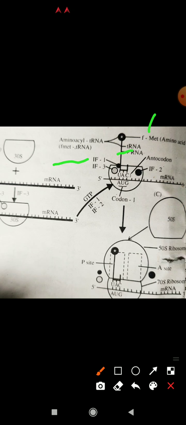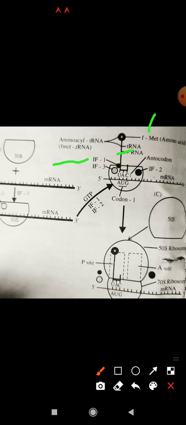Now, formation of the amino acid methionine. So I have told you, the first amino acid in the polypeptide chain of a protein incorporated is always methionine in case of eukaryotes, and an N-formyl group, that is CHO group, is added to the amino group, that is NH2 group, of methionine to form N-formyl methionine in case of prokaryotes.